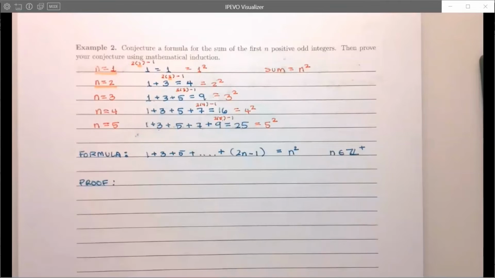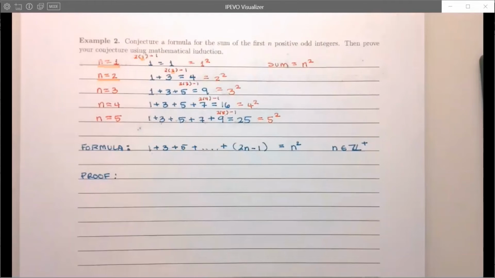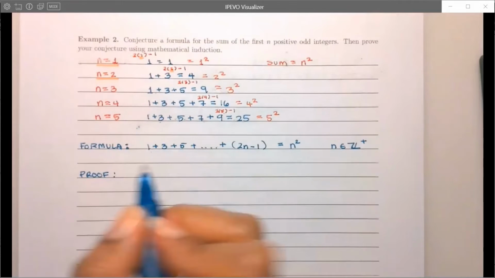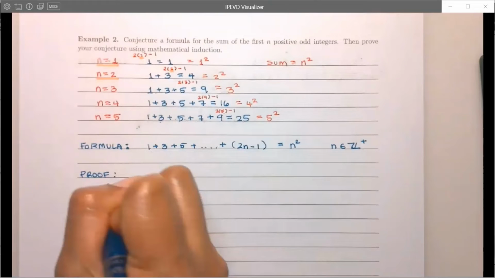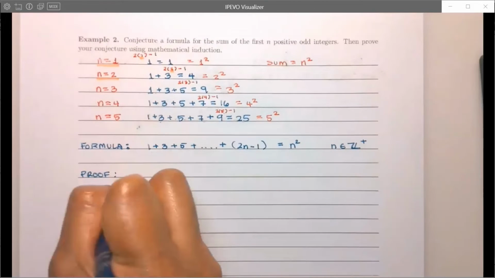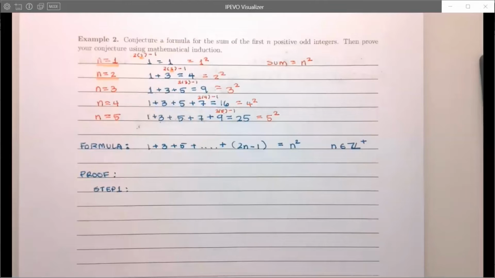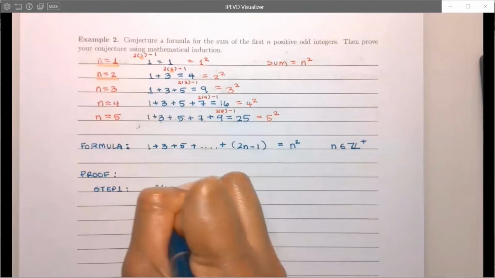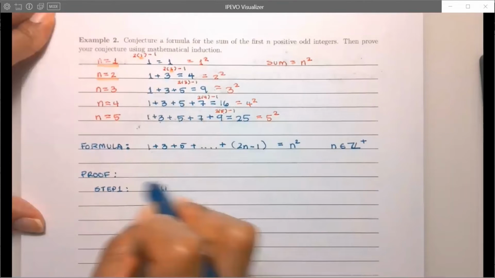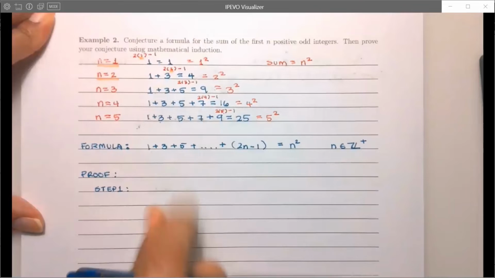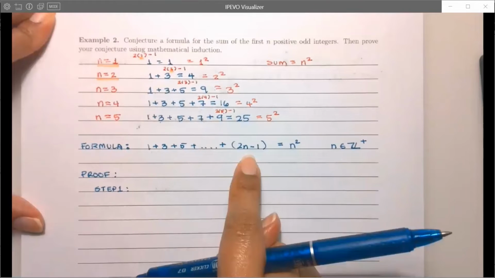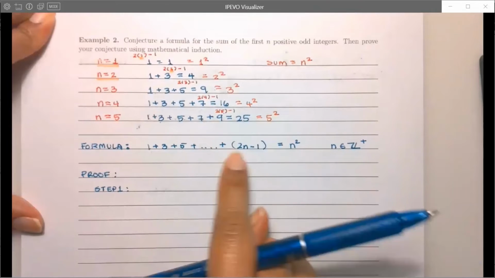And we're going to use mathematical induction to help us out. So first thing is to define what P of k is. So P of k is going to be the statement that the sum of the first n positive odd integers is equal to n squared.